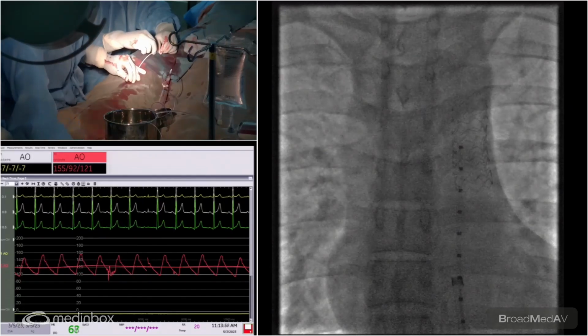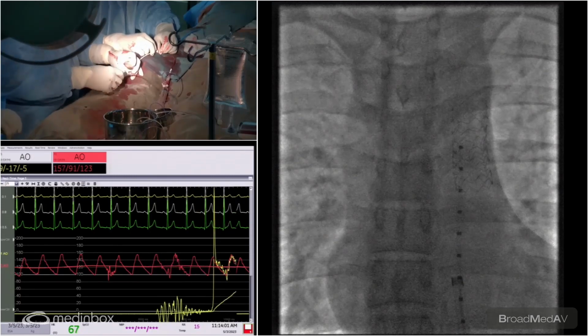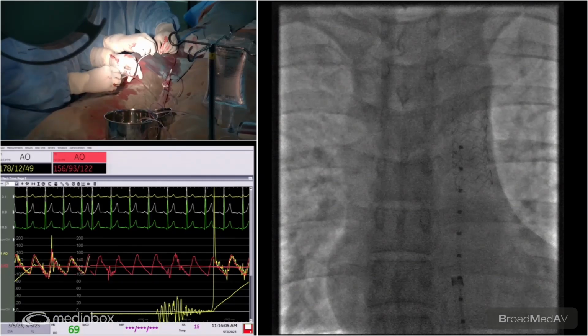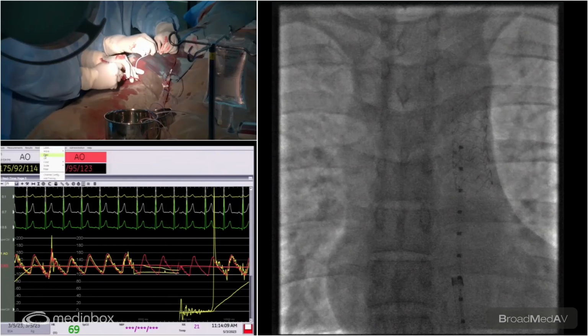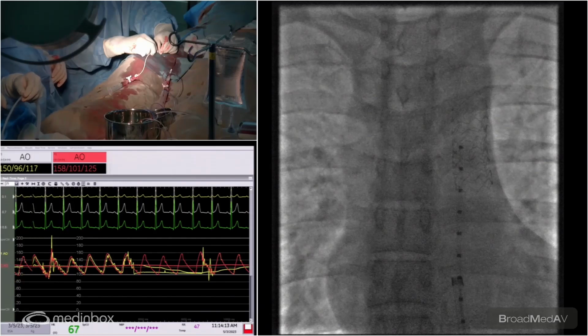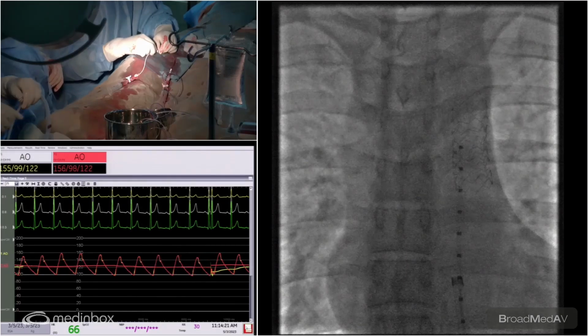Let us have a pressure transducer. You see the pressures between the upper and lower part now. So now the pressures between, can you open up, both are matching, is it?